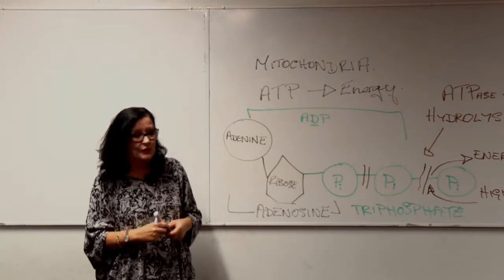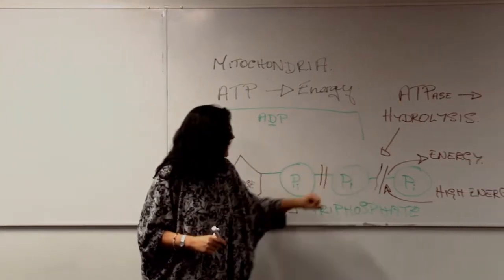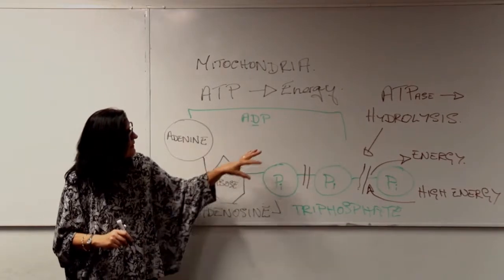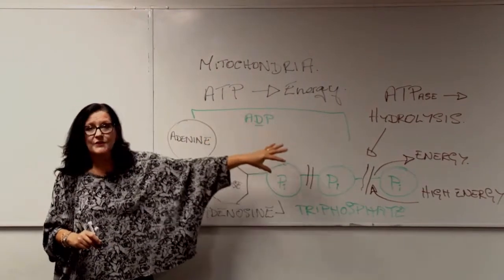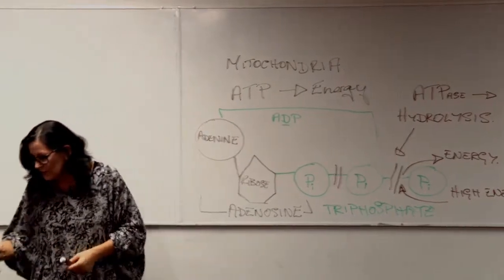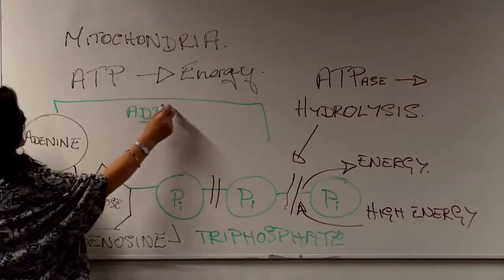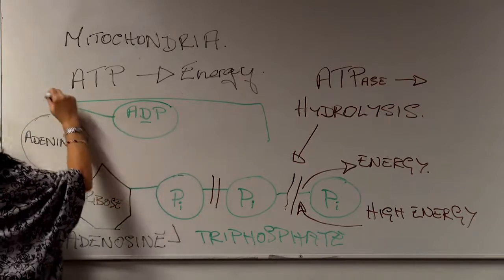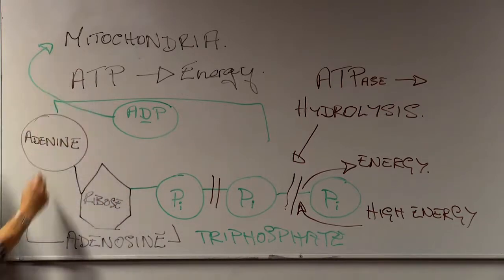Ideally, what we want to do is break this one, release energy, and then we've got ADP and a phosphate, and we can take them back to the mitochondria. So our ADP goes back to the mitochondria.